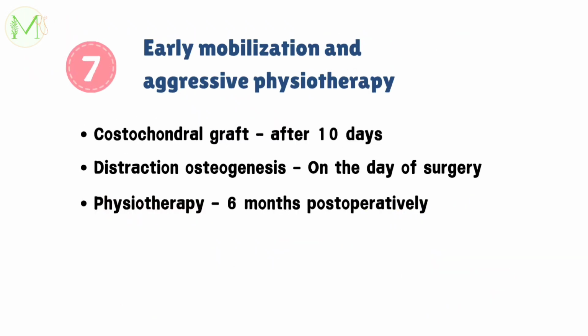If distraction osteogenesis is used to reconstruct the ramus condyle unit, mobilization begins on the day of surgery. If costochondral graft is used, mobilization should be done only after 10 days. After early mobilization, aggressive physiotherapy should be done for a period of at least 6 months postoperatively, after which regular long-term follow-ups should be made.